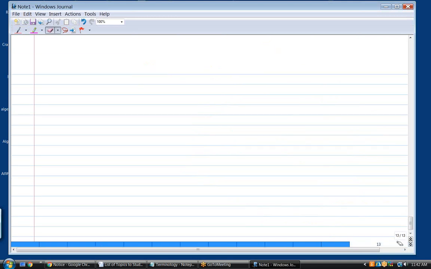Now, there is one other case that's a little strange for inequalities. First of all, let's solve this: x squared is equal to 4.